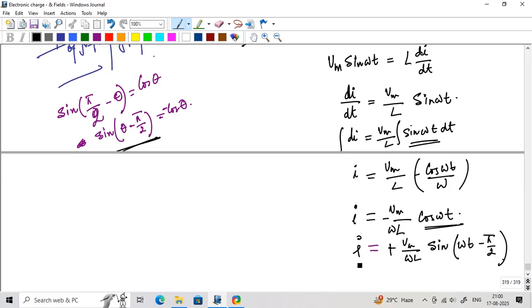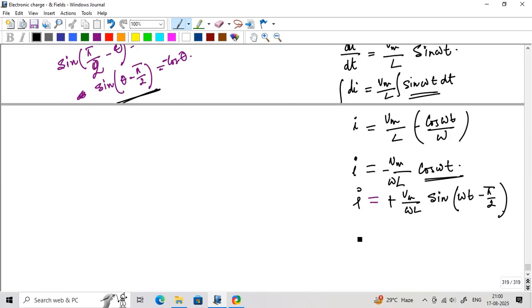So finally we get I equal to Vm by omega L sine (omega t minus pi by 2), where Vm by omega L is the maximum current.